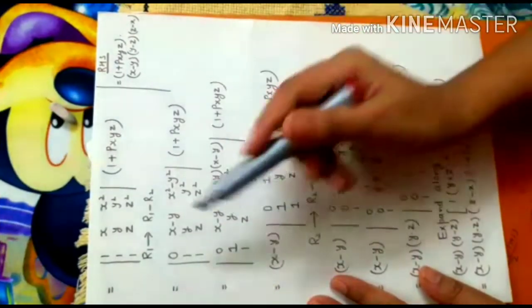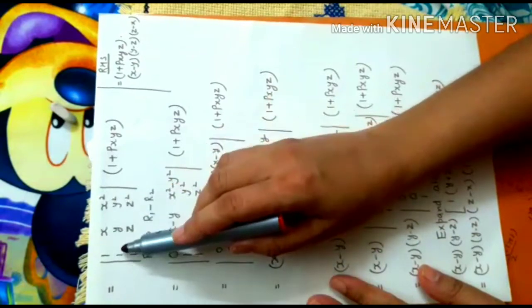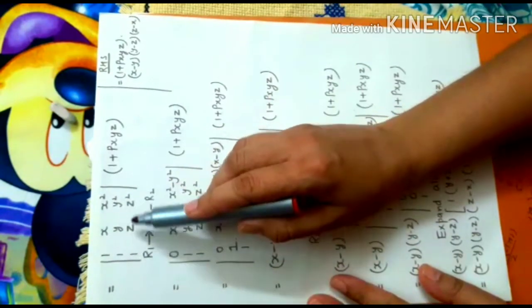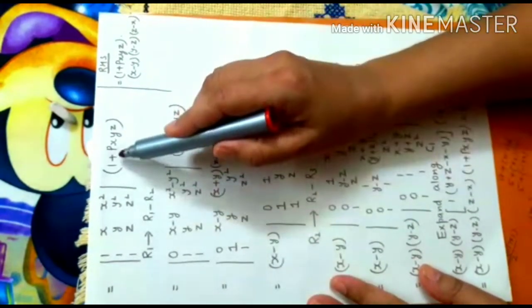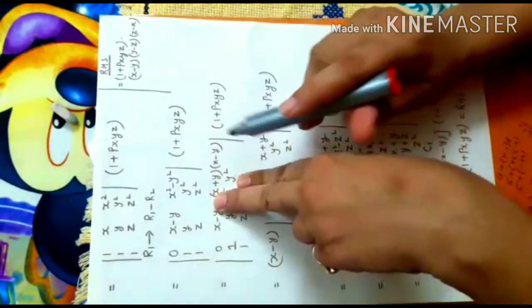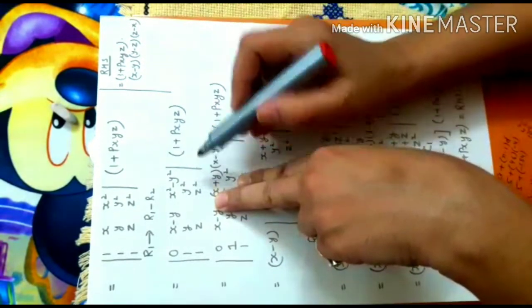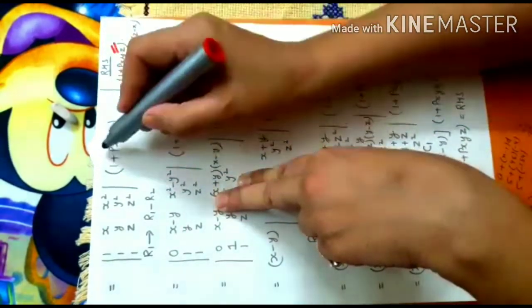So we have obtained the determinant 1, x, x square, 1, y, y square, 1, z, z square into 1 plus pxyz. Now look at the right hand side. We need to show this. And here you can see that I have obtained this.